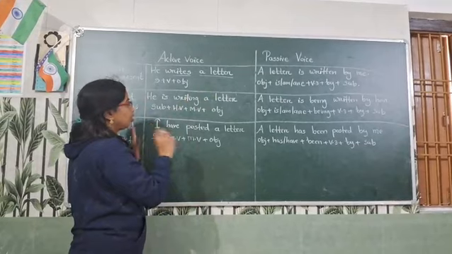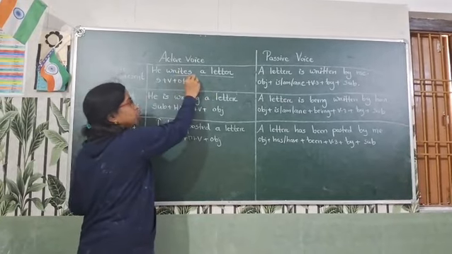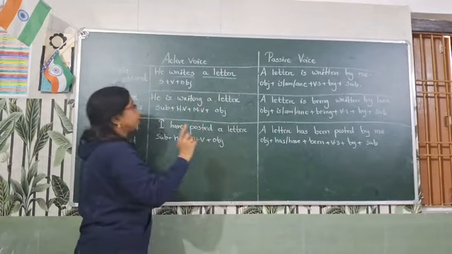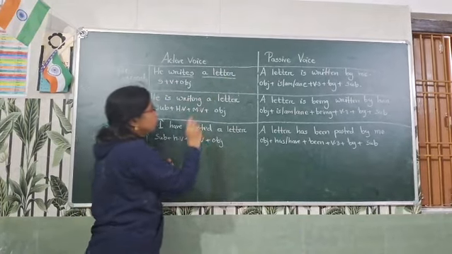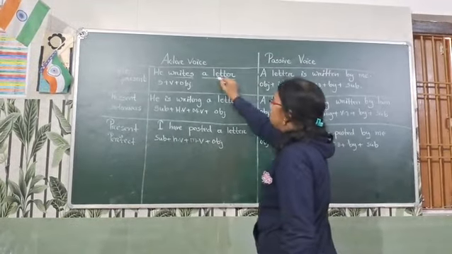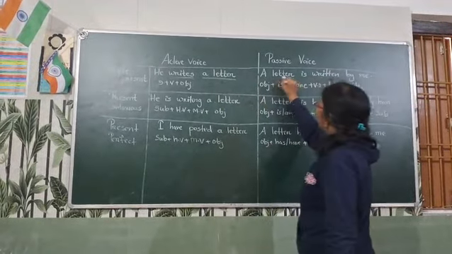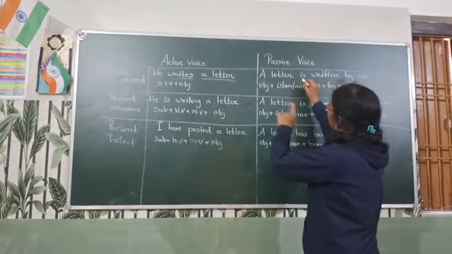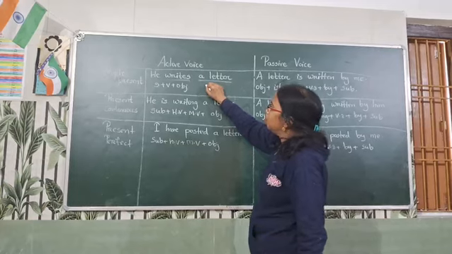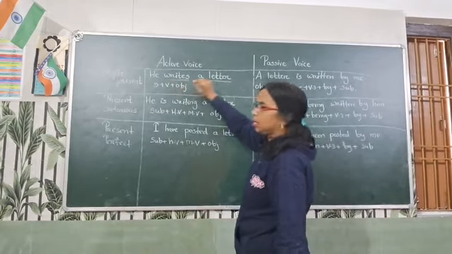So now we confirm that writes is simple present tense and a letter is singular. So the passive voice structure starts with the object. What is the object here? A letter. So I write a letter here. After that comes is or are.